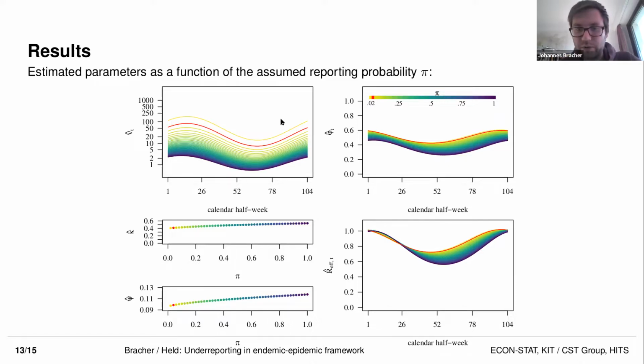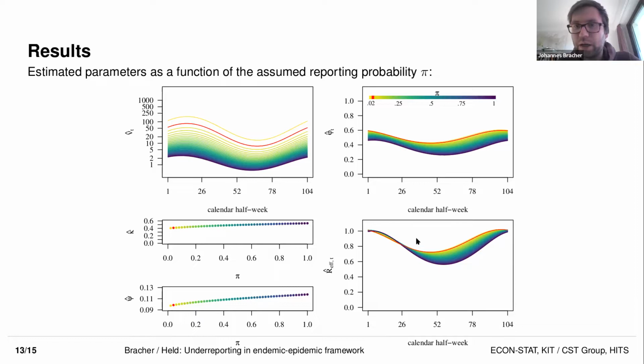What's probably the most interesting panel of this plot is this one here, which shows the effective reproductive number over the course of a season. So 104 half weeks we have here, depending on the reporting probability that we assumed. And we can see that if we assume complete reporting, then we get much lower estimates.